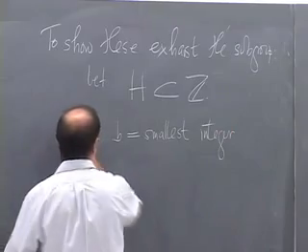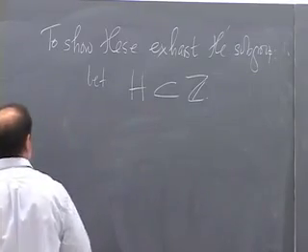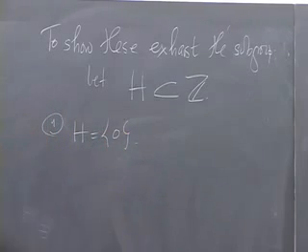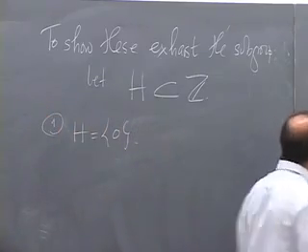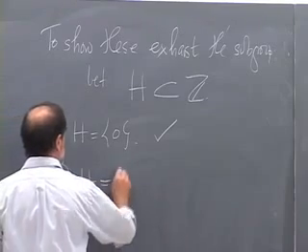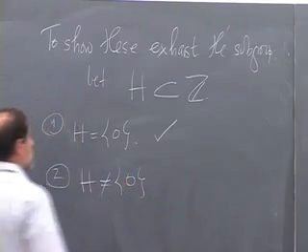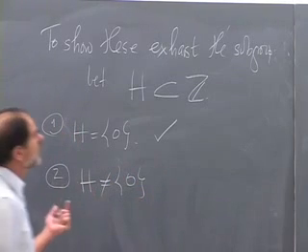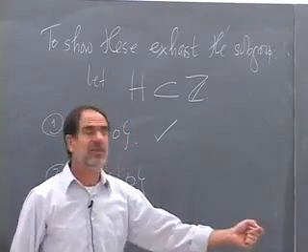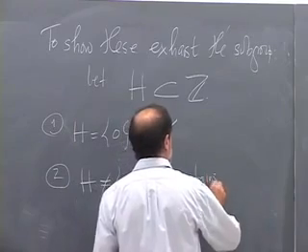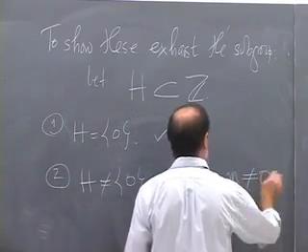Well, there are two cases. Case 1, H is equal to 0. So it's the 0 subgroup. Well, that's one of these cases with b equals 0. So that's OK. In case 2, H is not equal to the 0 group. So it contains something other than the identity in it.